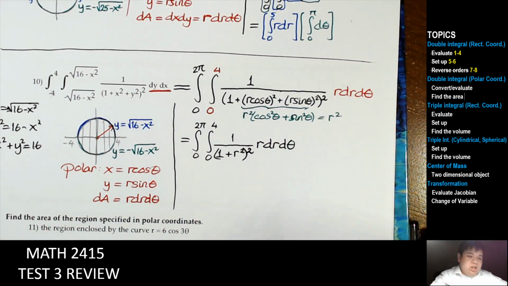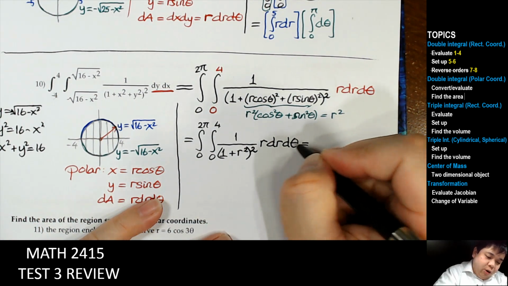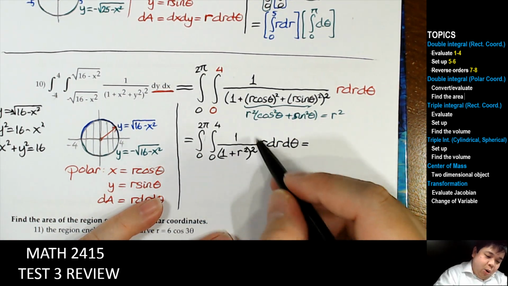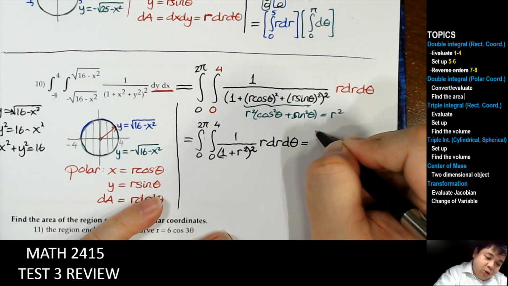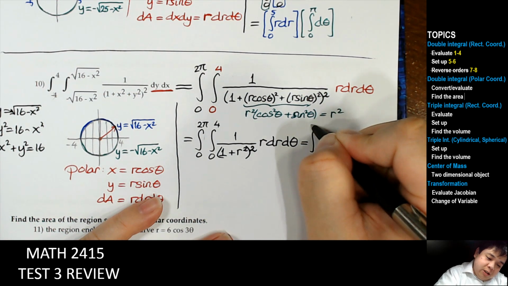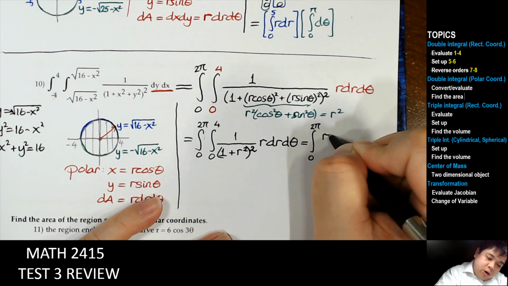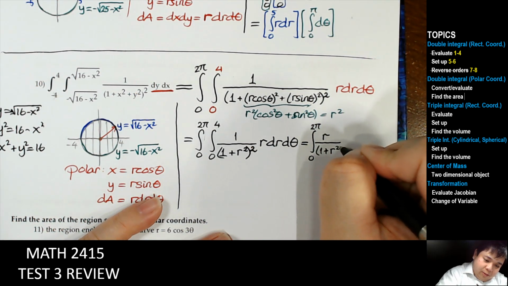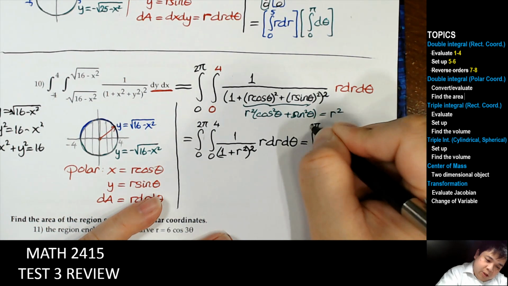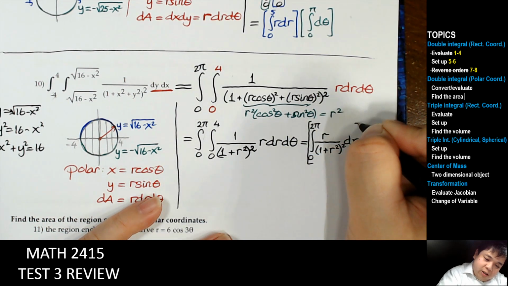Also by Fubini's theorem, because we have constant limits and the function here just has r in it, which is good, we put the r together, put the r on top, so that is the function of r.